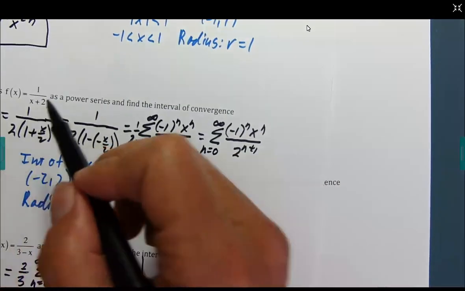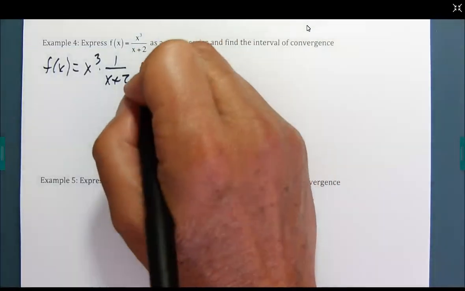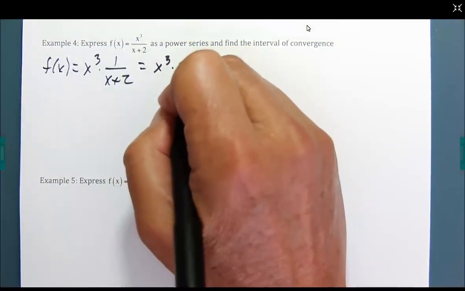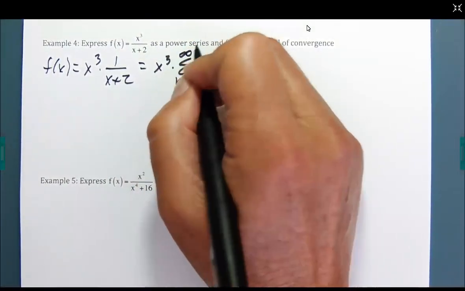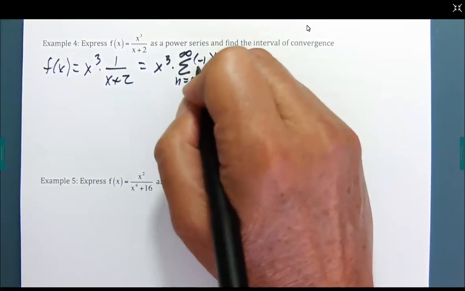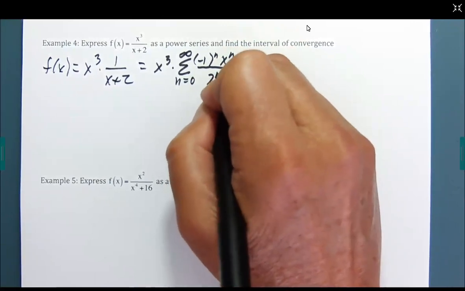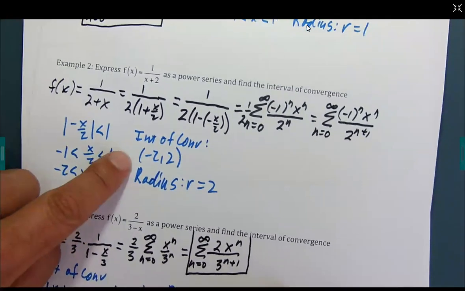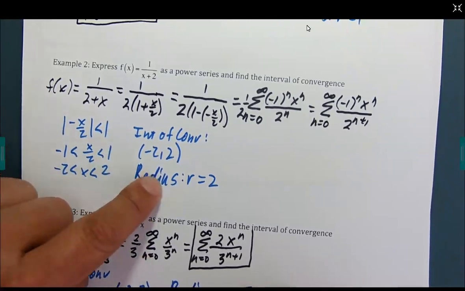We already did the 1 over x plus 2. So this is going to be x cubed times the summation -1 to the n, x to the n, over 2 to the n plus 1. And by the way, this will have the same interval of convergence and radius as this one.